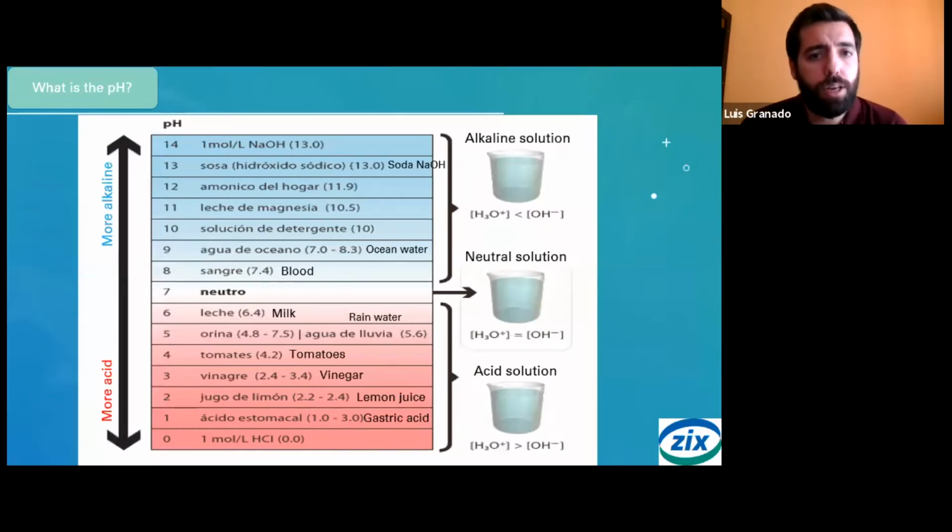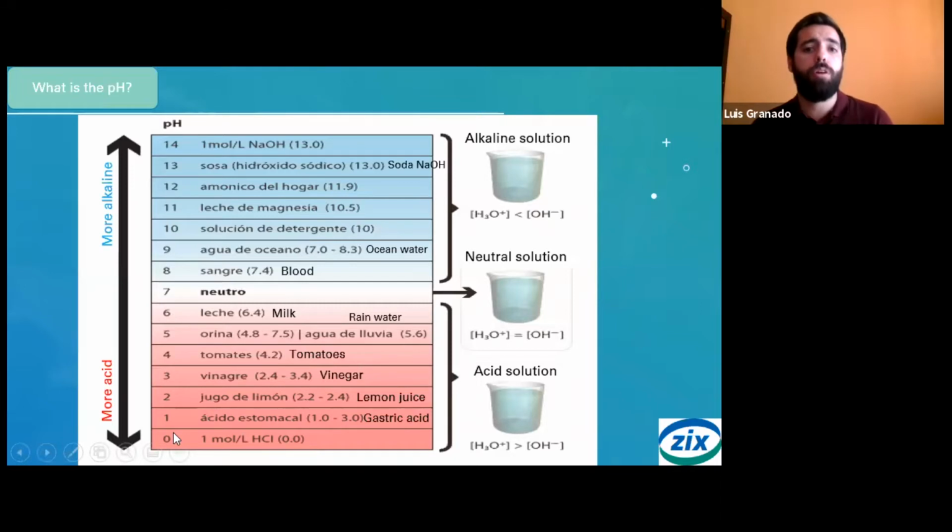So as we said, we will measure the acidity from 0 to 14, being 14 the most alkaline and 0 the most acidic or less alkaline, right? They are antagonistic concepts. So the most acidic substance that we can find is hydrochloric acid at a concentration of 1 molar, right? You see that its pH is just 0.